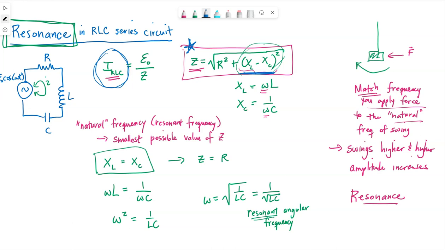And if XL minus XC is not 0, then Z is bigger than R. If Z gets bigger, then the peak value of current gets smaller.